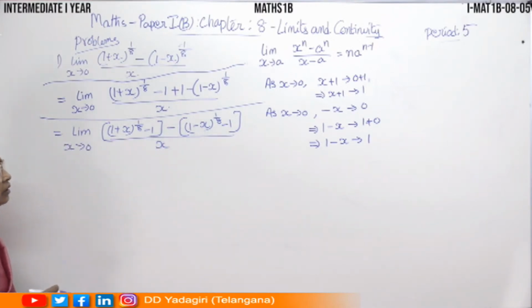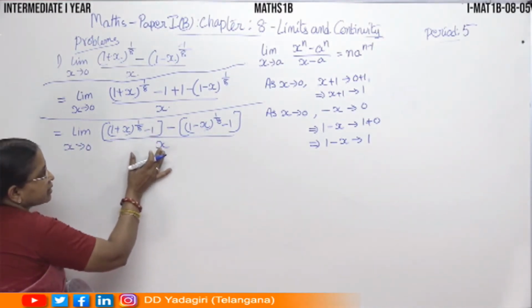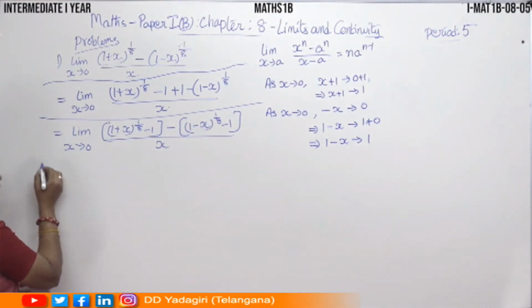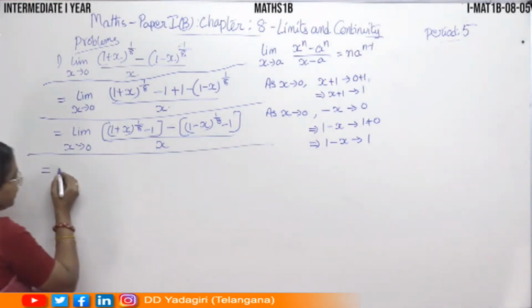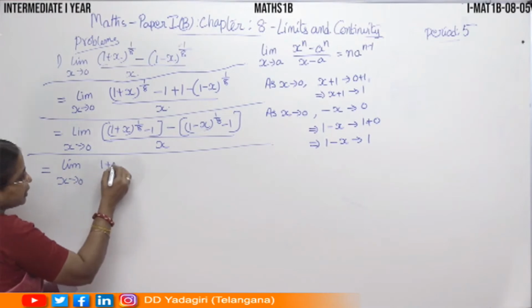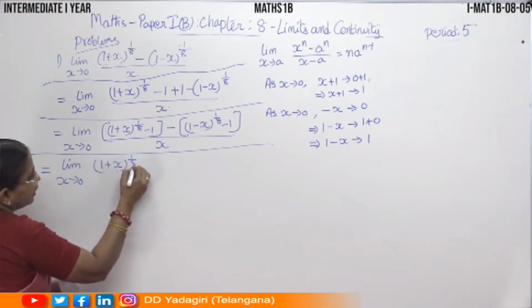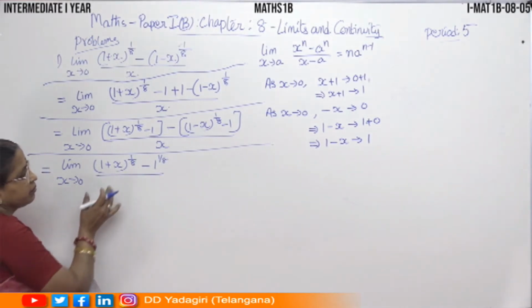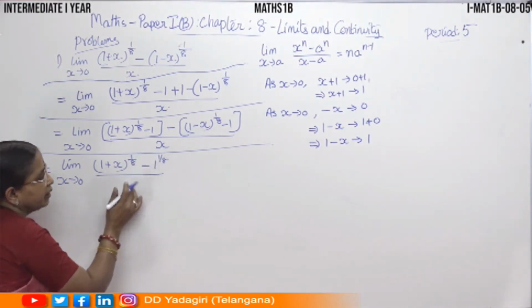Now we divide this separately by x and this also by x, and the limit also we will write separately. So it is equal to limit x tending to 0 of (1 plus x) whole to the power 1 by 8. This 1 also we will write as 1 power 1 by 8, so that it is in the form x power n minus a power n by x.